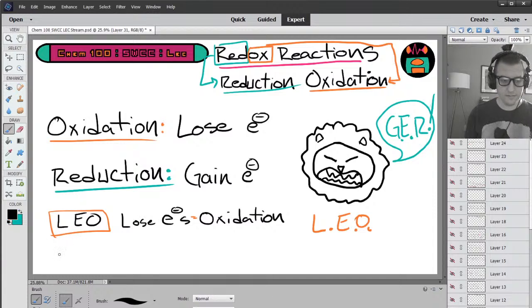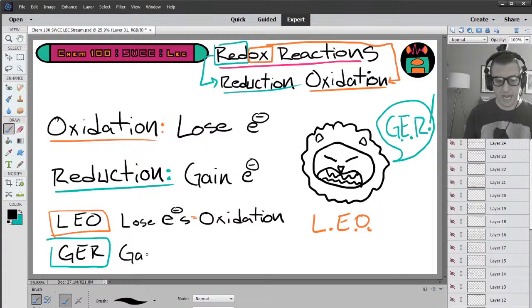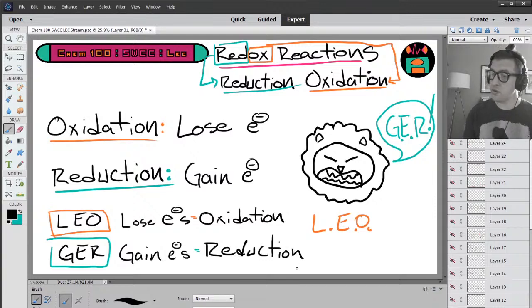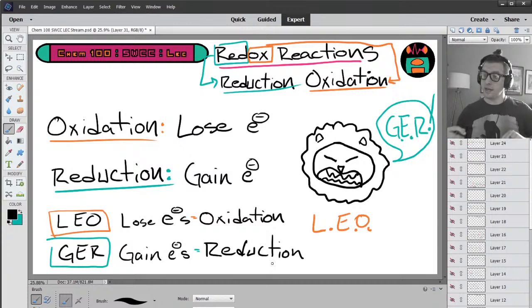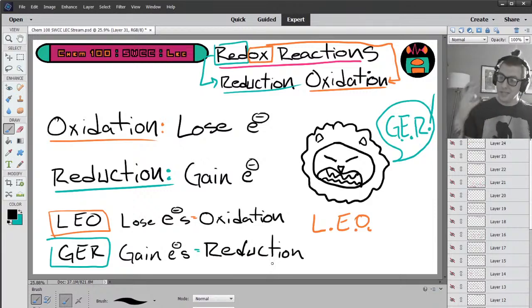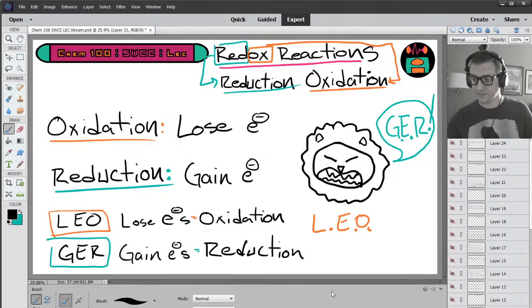GER is an acronym that means gain electrons is equal to reduction. And if you can remember my crappy drawing, you know oxidation and reduction now. Leo says GER. Gain electrons, reduction is the GER part. Lose electrons, oxidation is the Leo part.